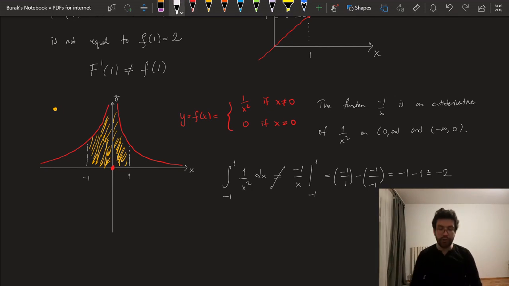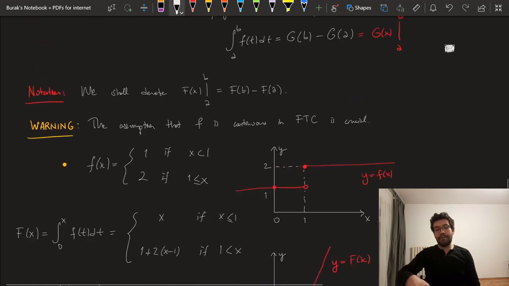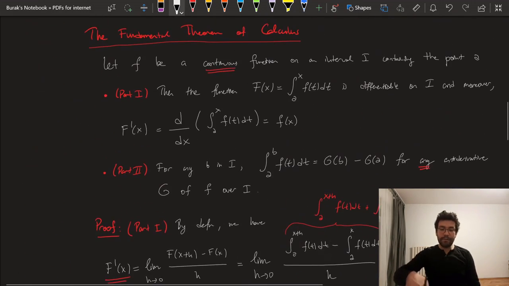This is not true. And the reason that we can't apply the fundamental theorem of calculus is, first of all, there are a couple of reasons. First of all, this function is not continuous. And the second is, in the statement of the fundamental theorem of calculus, I'm saying that this is an antiderivative over the whole interval that I'm working with.